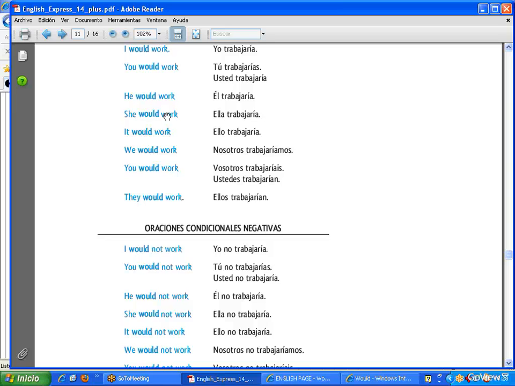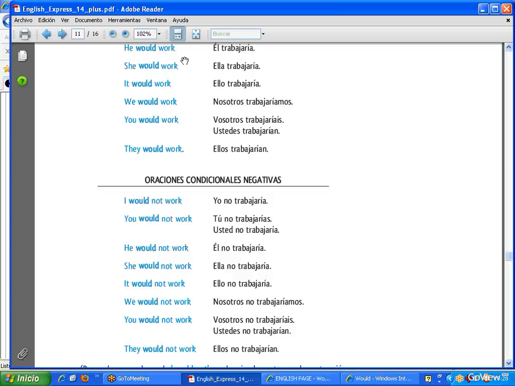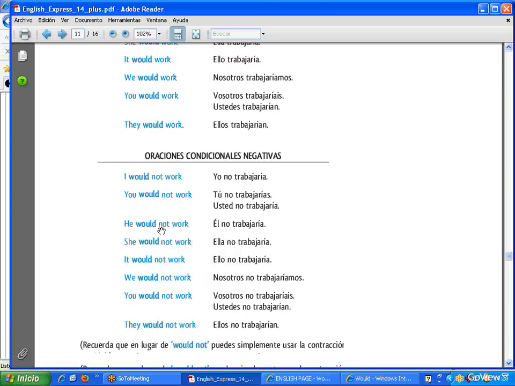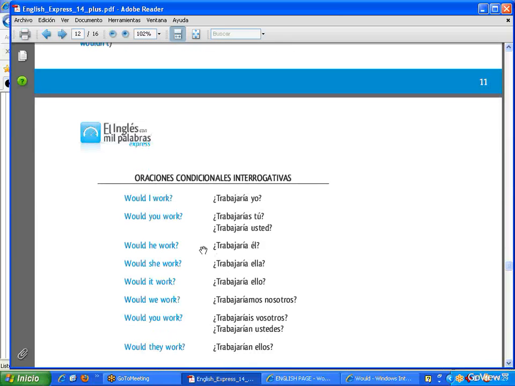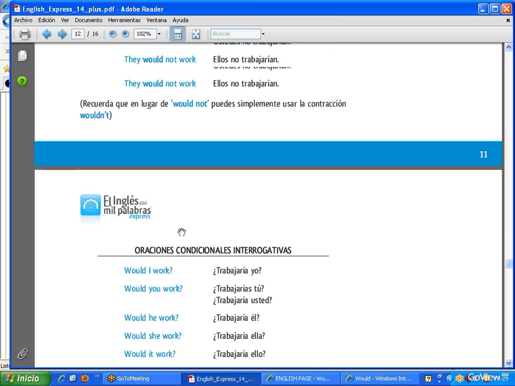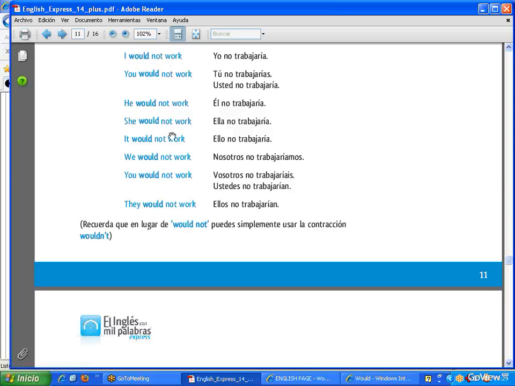In the negative, and the same with the questions, interrogative. Would I work? Would you work? So in the negative we see not comes between would and the second verb. She would not work. We can make a contraction. Wouldn't. So we can contract it like this in the negative.